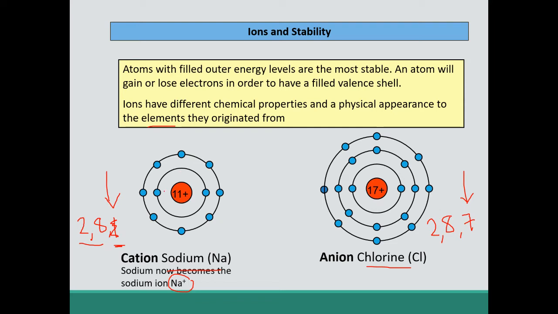So it's got more protons than electrons. Protons are positive, so you end up with one more, and it's got a charge of +1. Whereas chlorine becomes the chlorine ion, known as chloride, with an electron configuration of 2, 8, 8 because it's gained 1 electron.